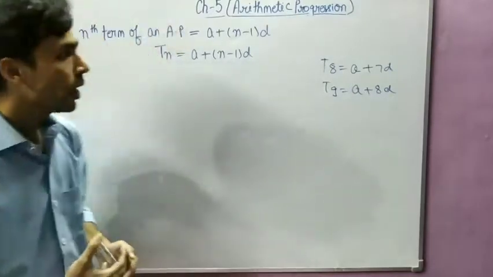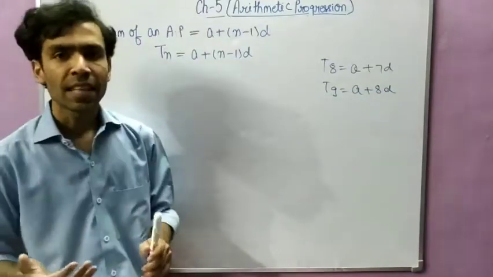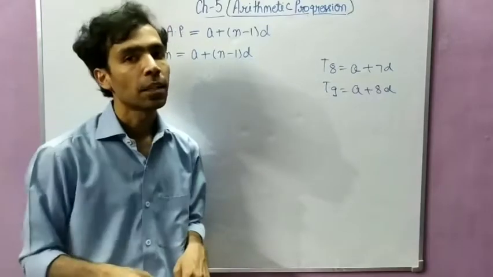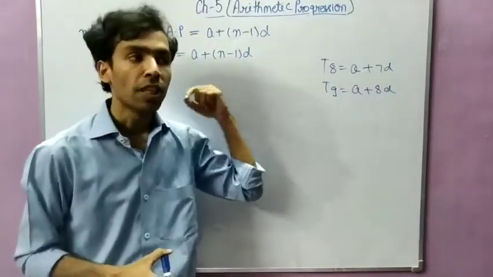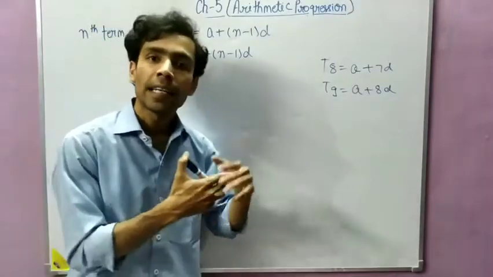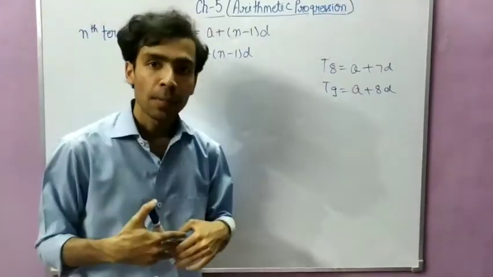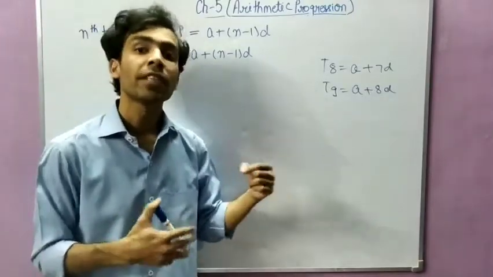Okay students, I told you that a sequence can have finite terms and infinite terms. AP is also a sequence, so it may have finite terms and infinite terms also. In our syllabus, we are talking about finite terms, which means terms that we can count.